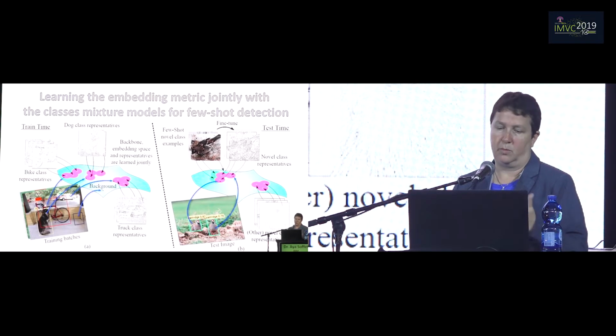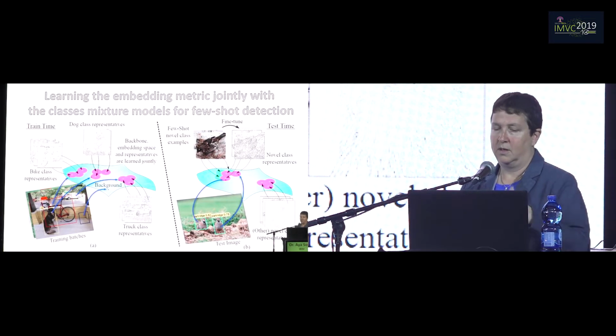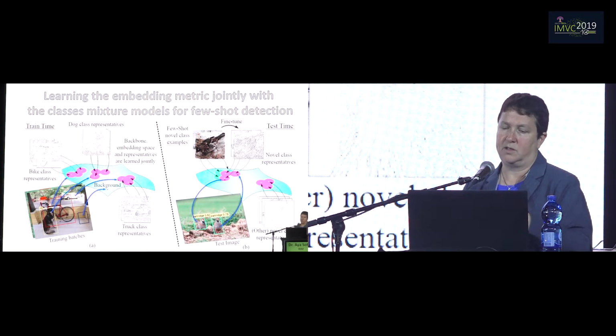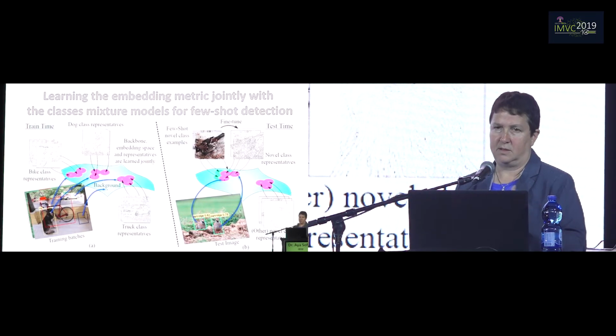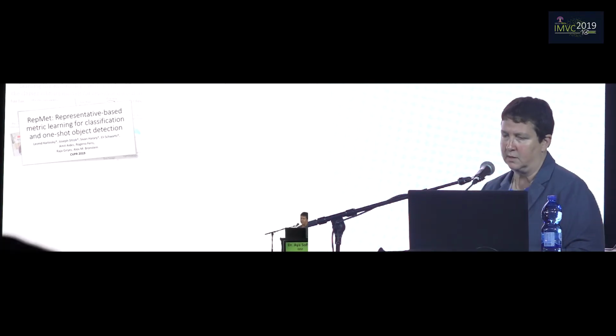So this was approach number 1, and in our paper we showed that it could improve object recognition regardless, but in particular it does provide a good solution for few shot.